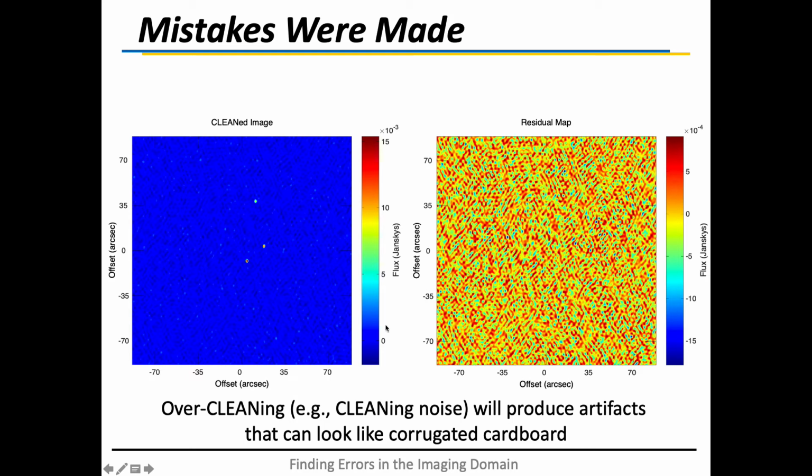This is actually what happens when you over-clean. You'll get these weird artifacts that, to me, look like corrugated cardboard. What's happening is that clean is a very simple algorithm, and it can't necessarily tell the difference between an actual point source and just a noise fluctuation. So you are effectively deconvolving noise, which introduces all sorts of interesting artifacts into your residual map.